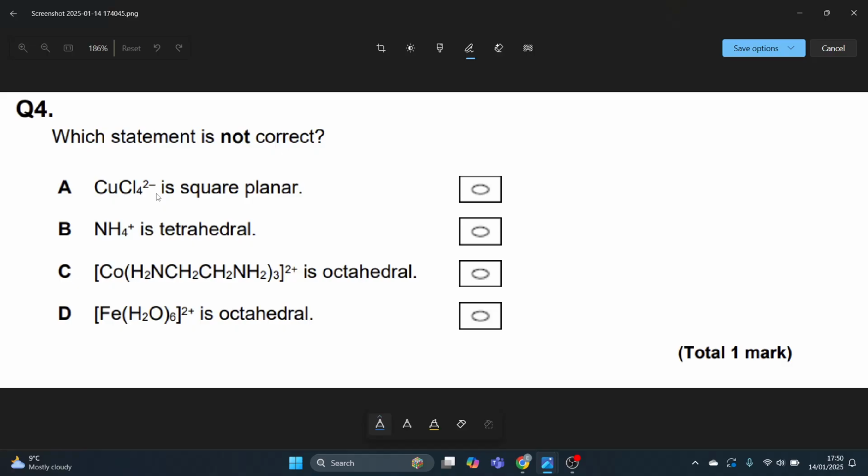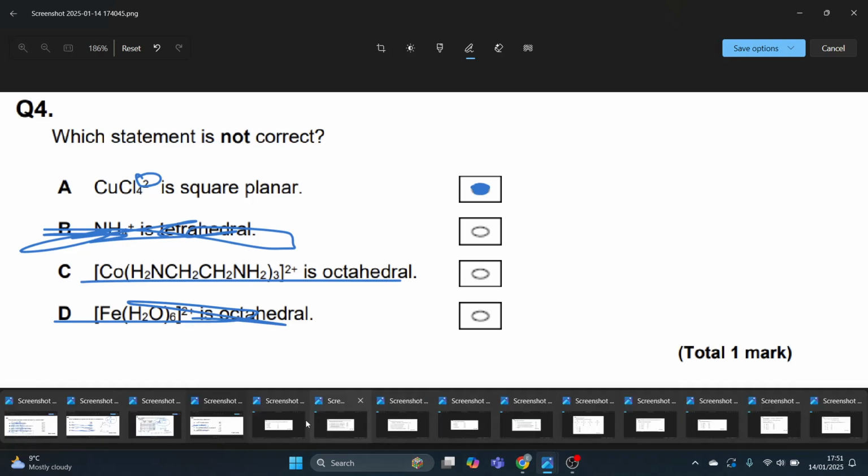CuCl4 2 minus is square planar? Definitely not. That is definitely not correct. I think it is tetrahedral. It's definitely not square planar because of that 2 minus. Yeah, NH4 plus tetrahedral, that's a pretty easy one. This one, yep, and that one, yeah. So the answer is A.